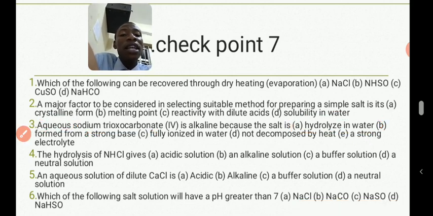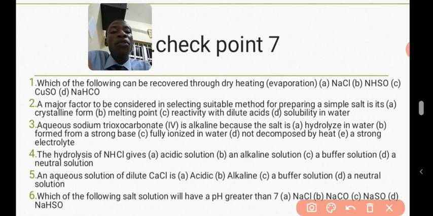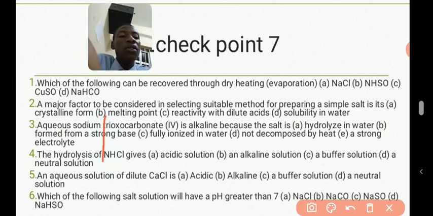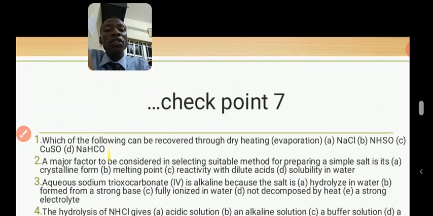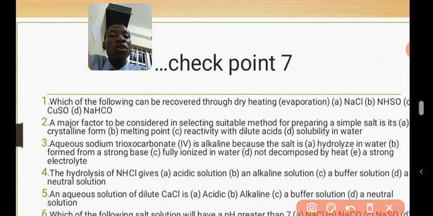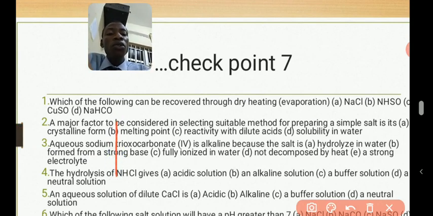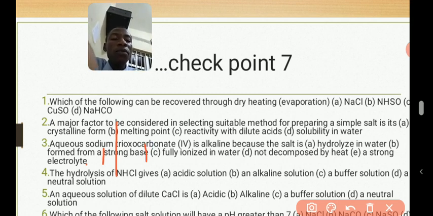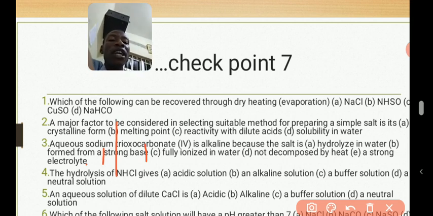You already know that. If you break it into two now, even from the word, you can break the word into two. Sodium, we collect hydroxide. This one we collect hydrogen. So we'll be having hydrogen carbonate, H2CO3, and sodium hydroxide.